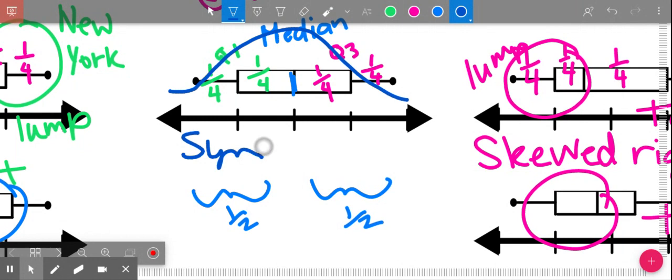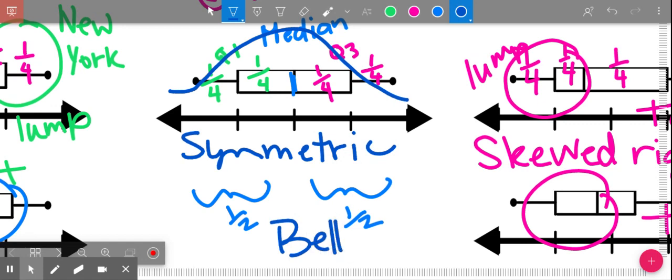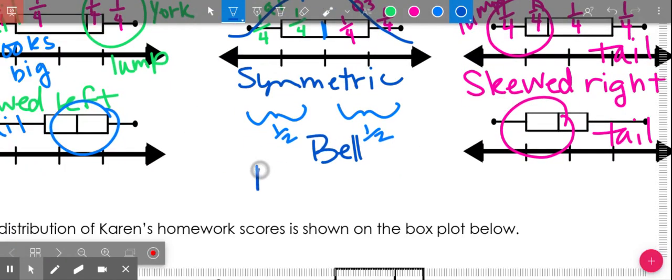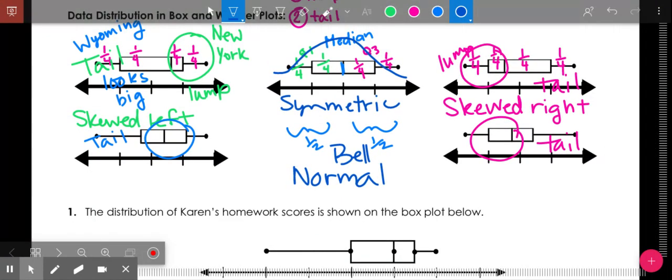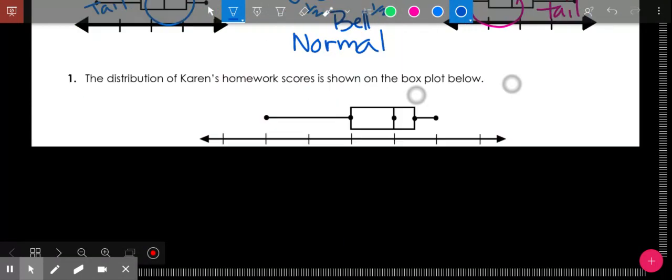Okay, this one is symmetric or bell-shaped. You could also call it normal. Okay. See, they all look a little strange, but you'll get the hang of it.